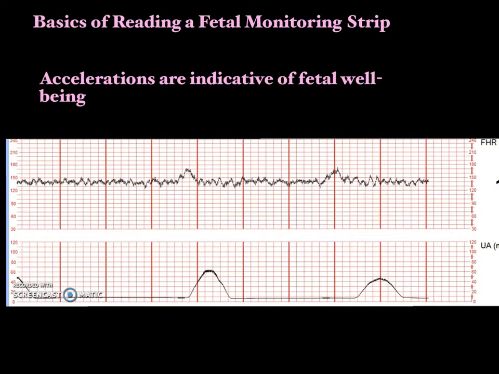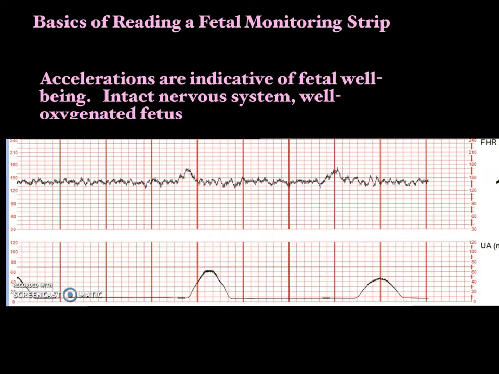They tell us that not only can this baby respond to those little second-to-second changes, but they can respond to things like fetal movement. That they can respond to the demand for increased oxygen. So we have an intact nervous system, and we have a well-oxygenated fetus.